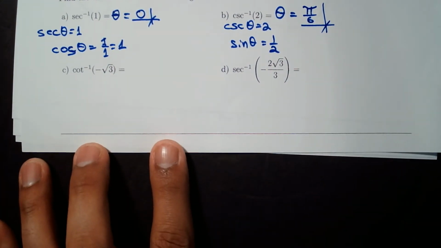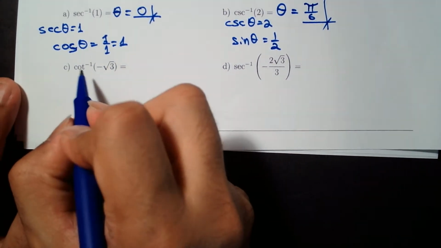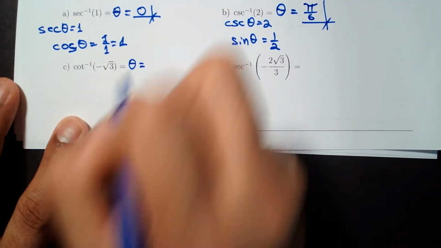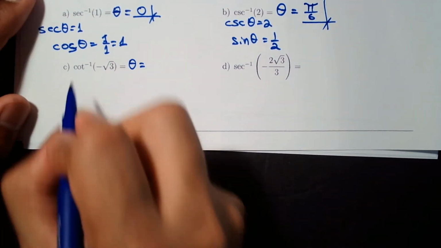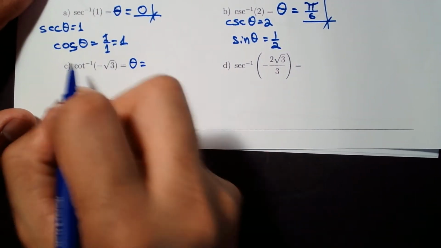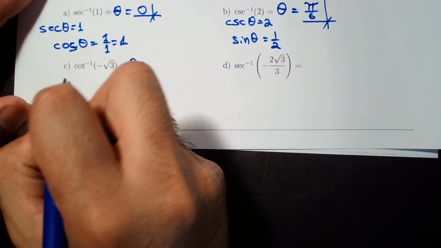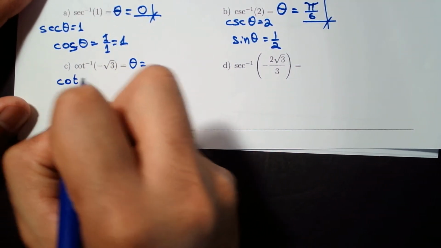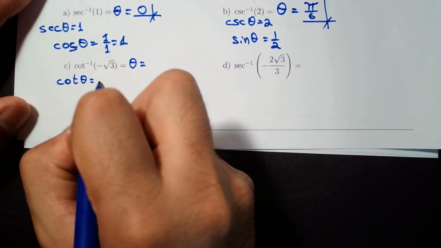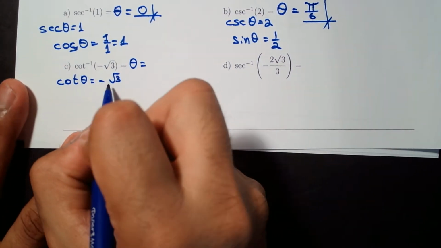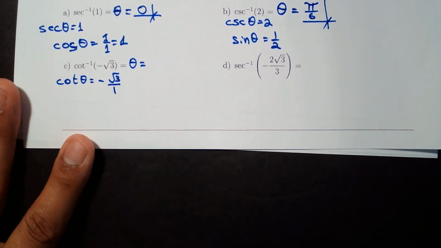Let's look at another example. Cotangent inverse of -1. Well, that's going to be some angle theta, which we will figure out. Using the inverse property of the trigonometric functions, this is the same as saying that cotangent of theta equals -√3, which is the same as saying -√3/1.